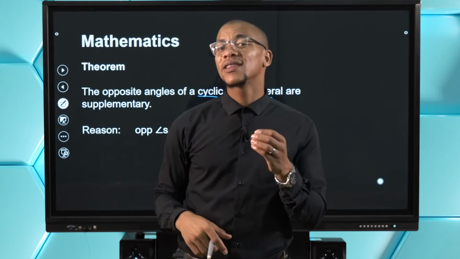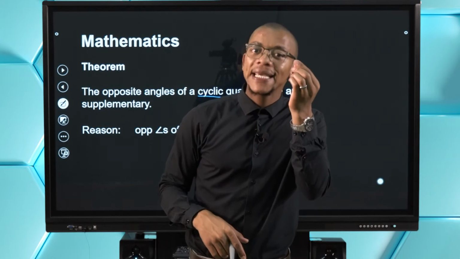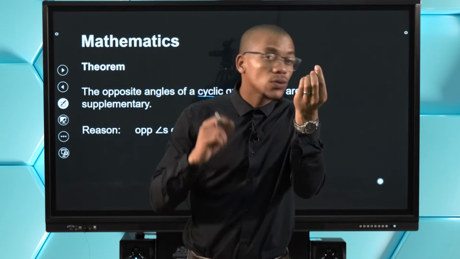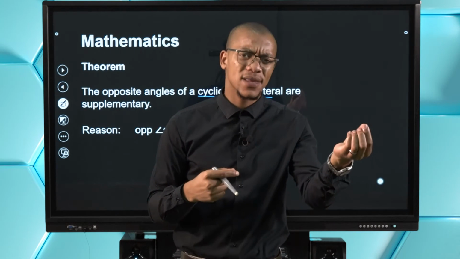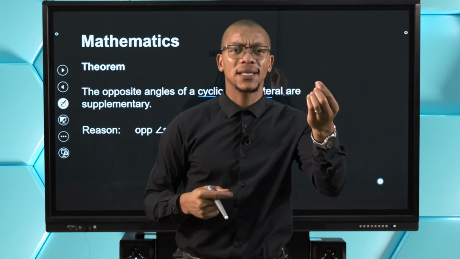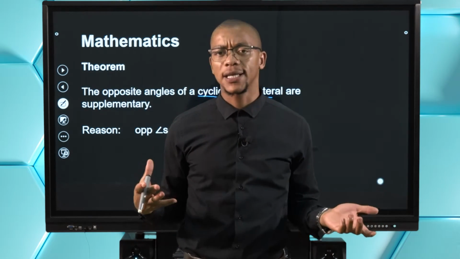So the fact that I say the definition is, it does not make it to always just be that fact, right? To define something does not necessarily mean that if it is not inside a circle, then it's not a cyclic quadrilateral.